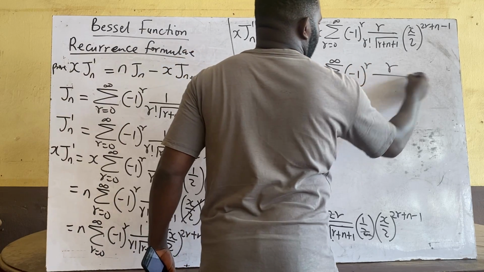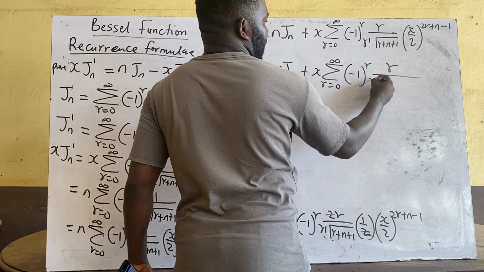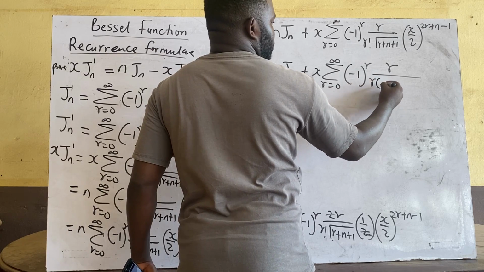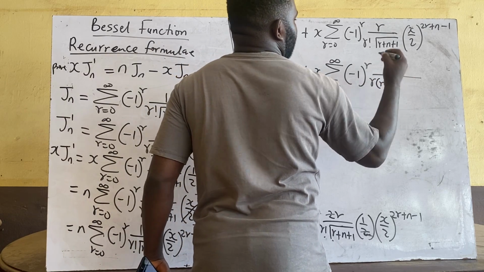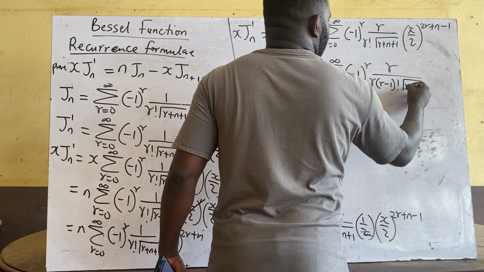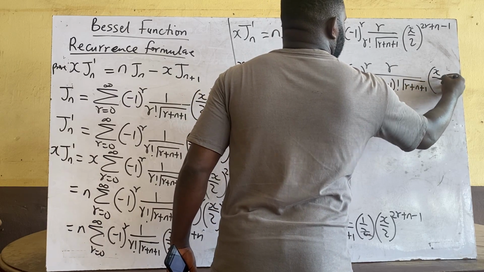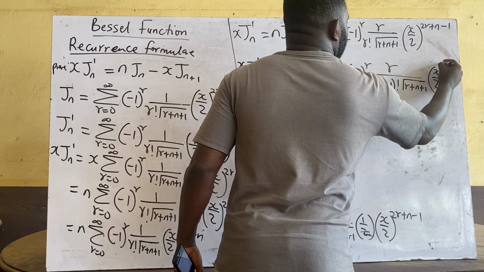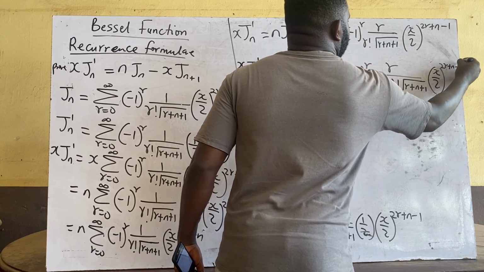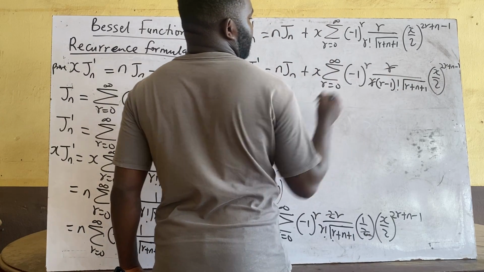I have r on top all over. This thing is simply saying r into (r minus 1) factorial. Then I'm having r plus n plus 1, then x over 2 raised to power 2r plus n minus 1. So this r is now taking care of this r.